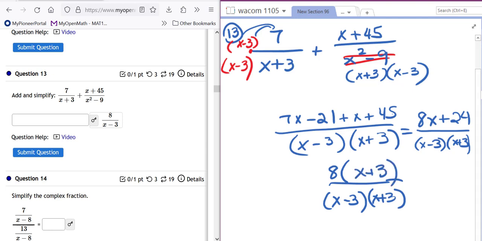Now it will reduce if we do the math right, and if we pick the right one to cross off, the x plus 3 should cross off. Sorry, going too fast. And that should be the right answer. It's okay to tell me if I do stuff like that. 7x plus 1x is 8x, not 6x. All right, so we'll move on from there.